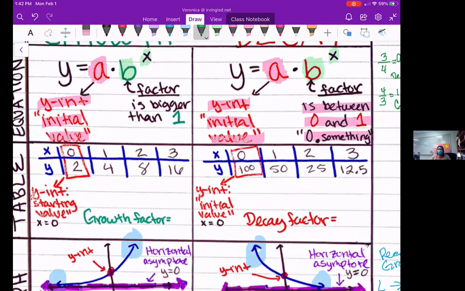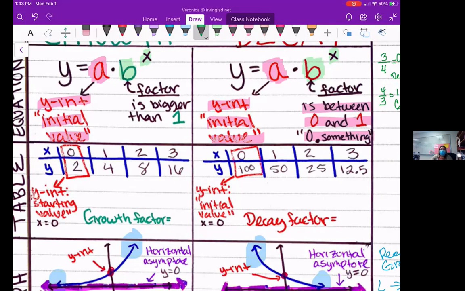It's going from 2 to 4 to 8 to 16. What is happening? Are those y values growing or decaying? Growing. So it makes sense for this to be a growth table, right? Now, also, I'm just pointing out what the y value looks like, or what the y-intercept looks like at 0, 2.